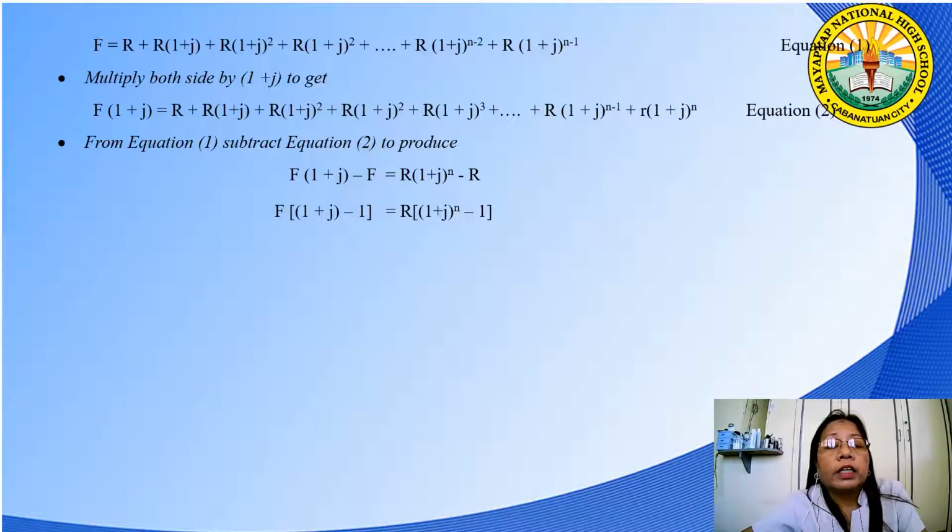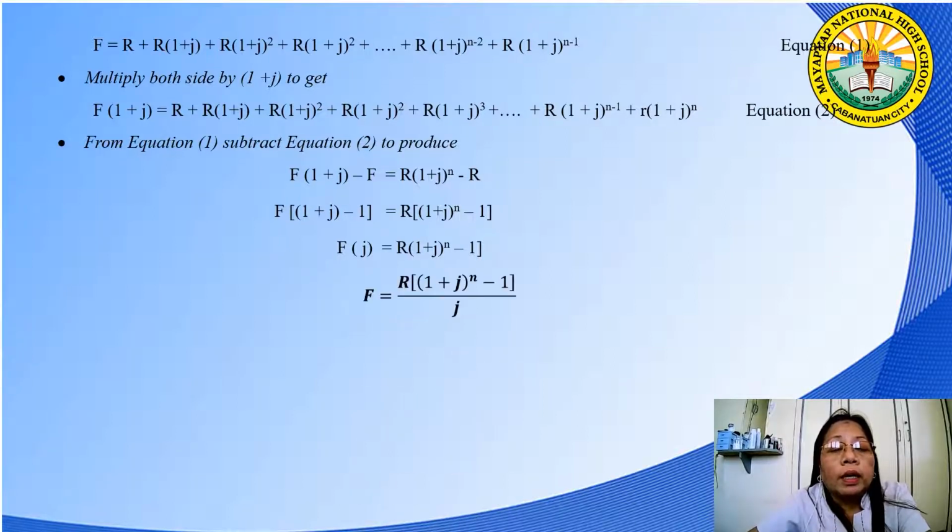So therefore, when you simplify, F times j equals R times 1 plus j raised to n minus 1. To simplify further, F equals R times the quantity 1 plus j raised to n minus 1, divided by j.